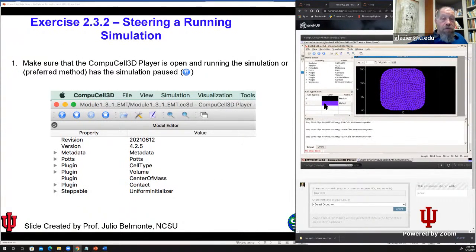If I want to see whether the change was made or not, and this may be a little bit hard to see in the reduced window, within Player, you see this box that's called Model Editor. It's this list here on the left.